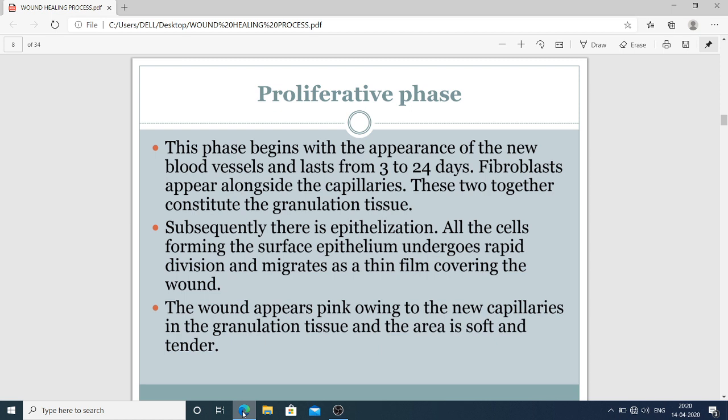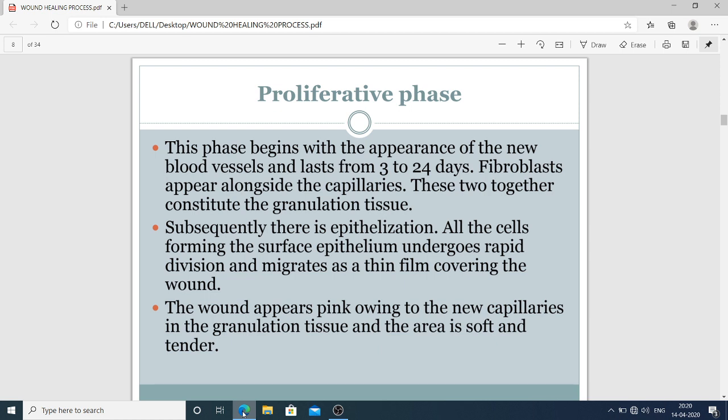What does it mean? Granulation tissue is new connective tissue and microscopic blood vessels that form on the surface of a wound during the healing process. Then subsequently there is epithelialization. What is that?